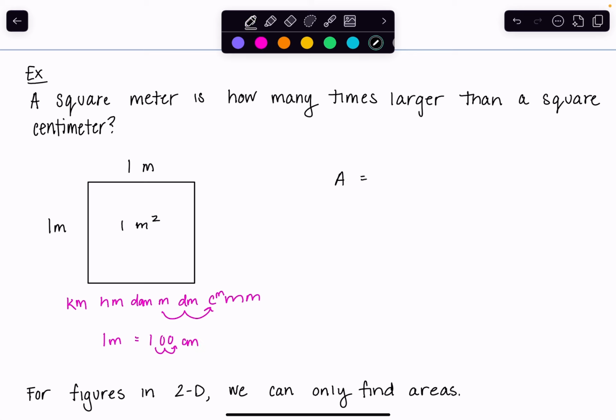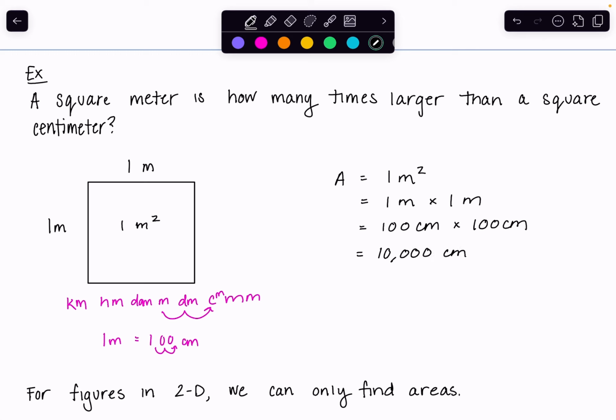So this area is 1 meter by 1 meter, which is the same thing. Each meter is 100 centimeters. So this is 100 centimeter by 100 centimeter. So 100 times 100 gives you 10,000, and the units on that is centimeters squared.